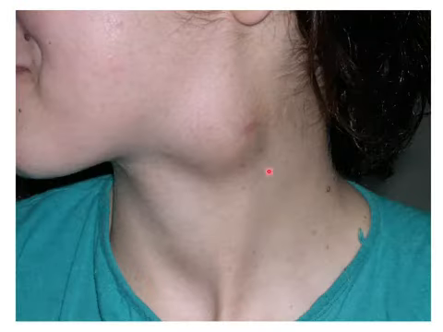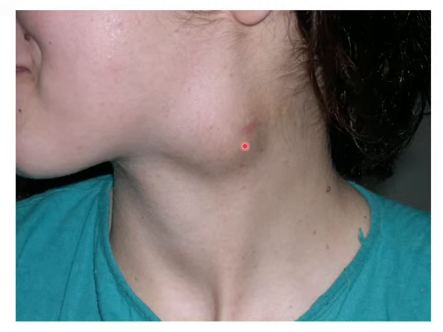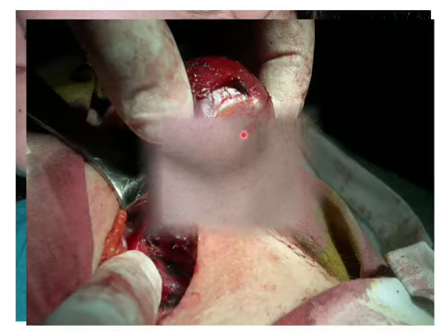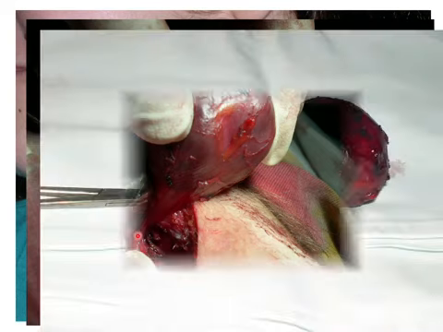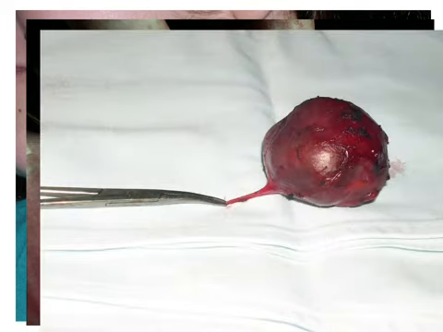Here is another example of a branchial cyst in its exact classic position in the neck. It will be excised like this; this is the sternomastoid that has been retracted, and this is the tract that will be attached to the lateral side of the pharynx, as you see, to be excised in whole.